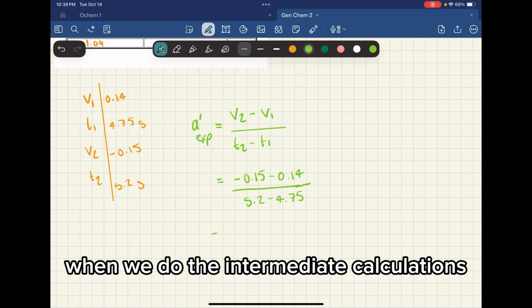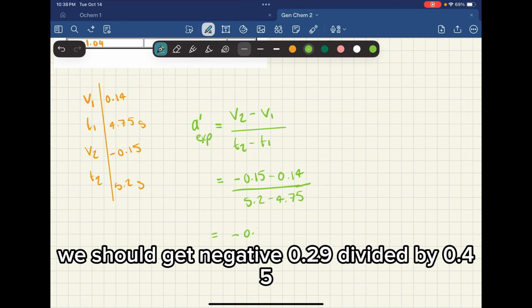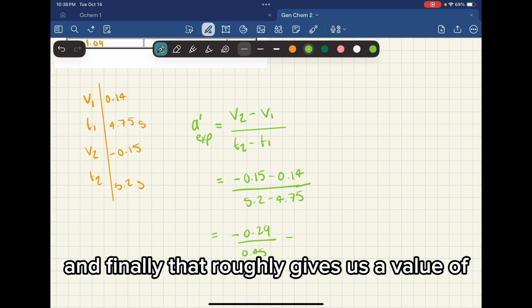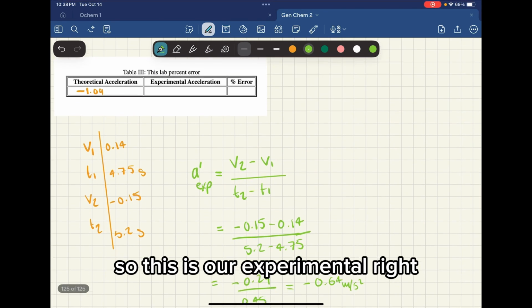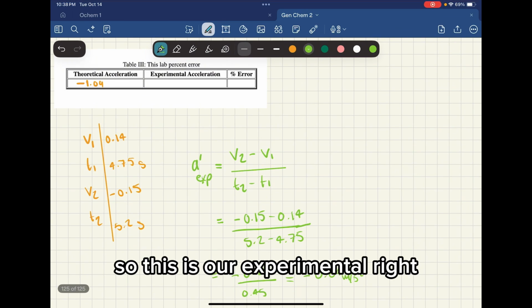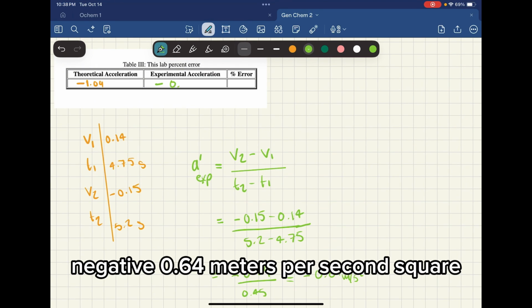When we do the intermediate calculations, we should get negative 0.29 divided by 0.45. And finally, that roughly gives us a value of negative 0.64 meters per second squared. So this is our experimental, right? Negative 0.64 meters per second squared.